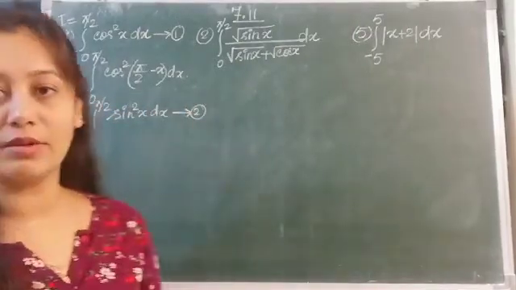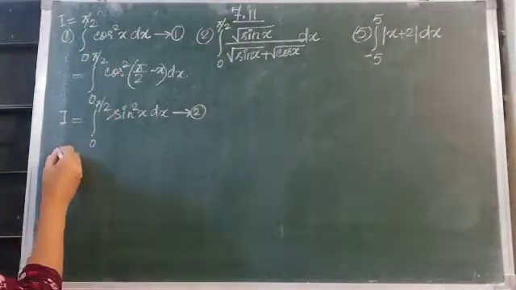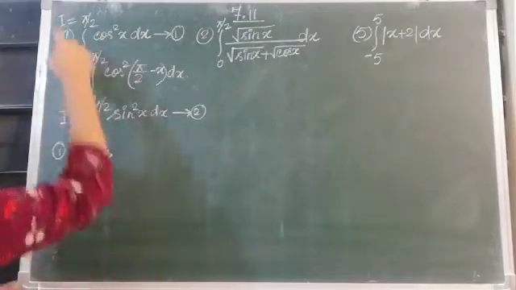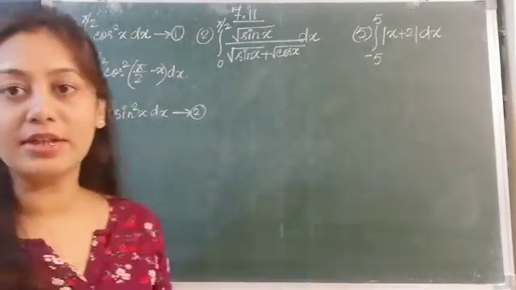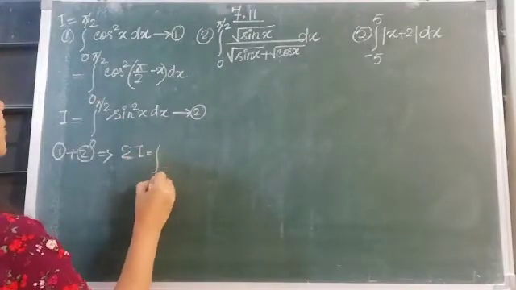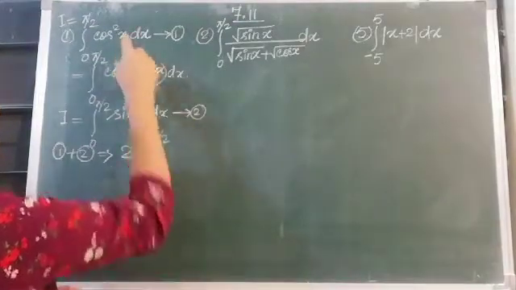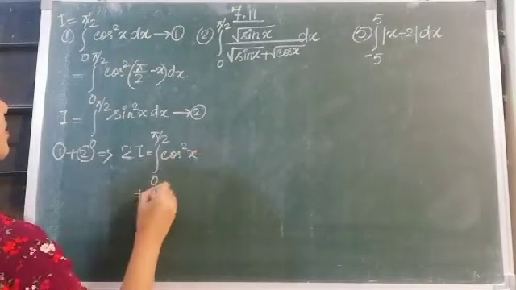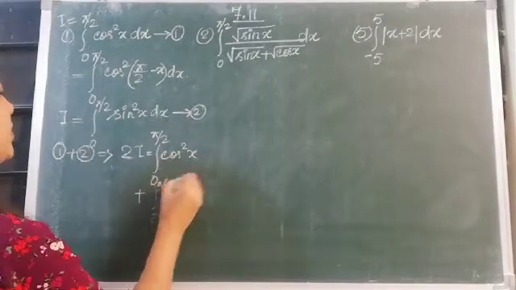Now we will add equation 1 and 2. Adding 1 and 2, the left hand side is I plus I, that is twice I. So twice I is equal to the integration of 0 to pi by 2 cos square x plus the integration of 0 to pi by 2 sin square x.